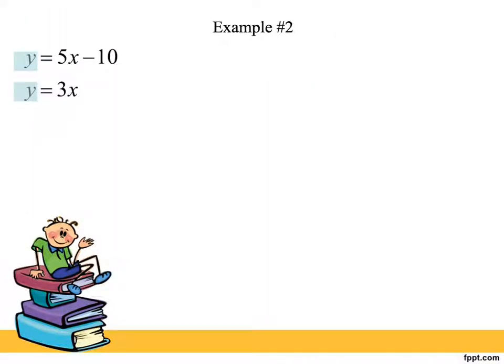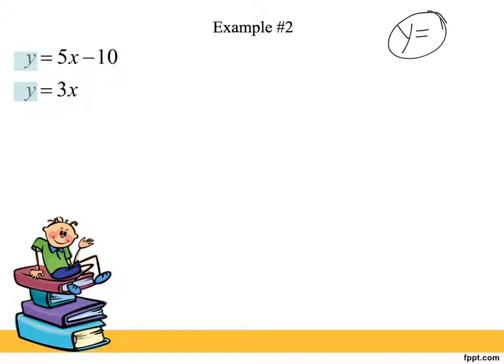So here's example 2. In example 2, we have the two equations, y equals 5x minus 10 and y equals 3x. Now this one looks a little bit different from the other one we've been working with, but that's okay because we have at least one y equals equation.